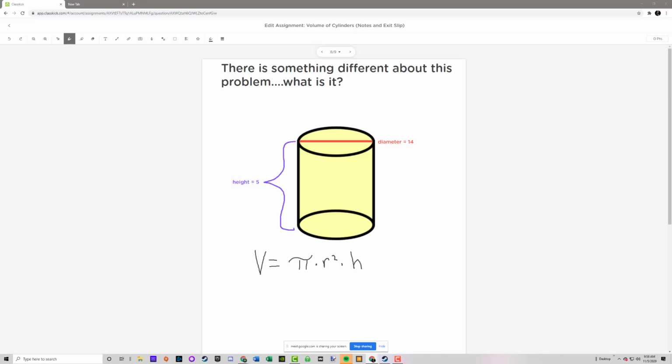So we know if the distance all the way across a circle is 14... Once again, I forgot my units. So let's go ahead and add those. Let's go with centimeters this time.